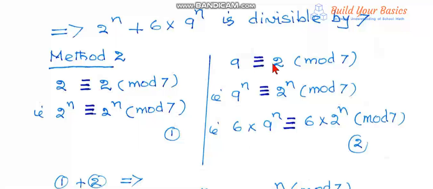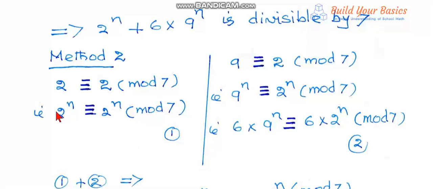Now 9 is congruent to 2 mod 7 because 9 minus 2 is 7, which is divisible by 7. We want 2 power n. So raise it to the power n. 2 power n is congruent to 2 power n mod 7, equation 1. Here we want power n. So 9 power n is congruent to 2 power n mod 7. Equation 2.